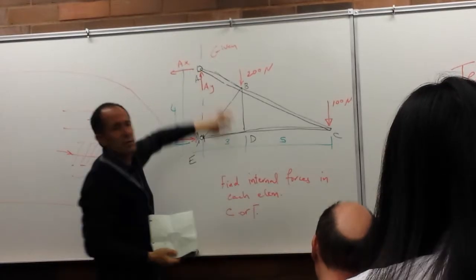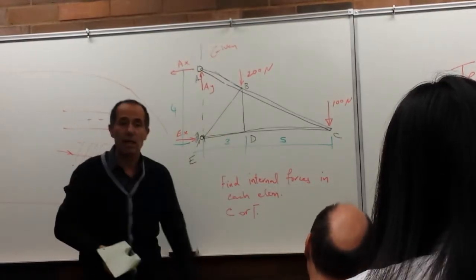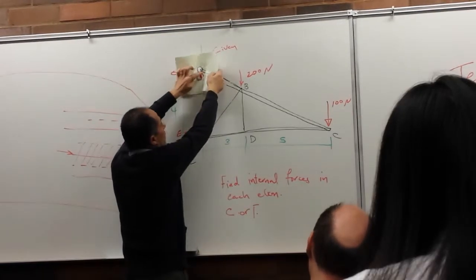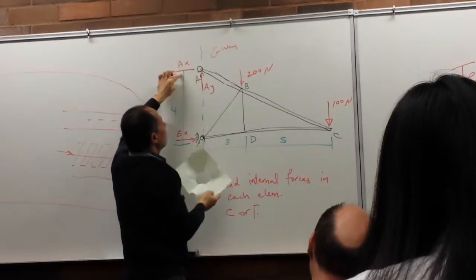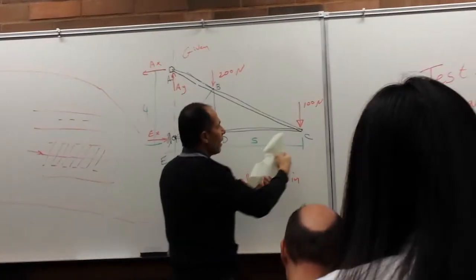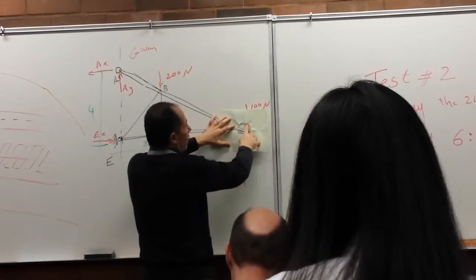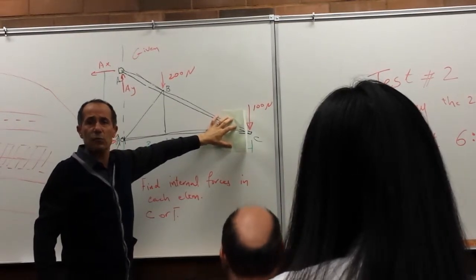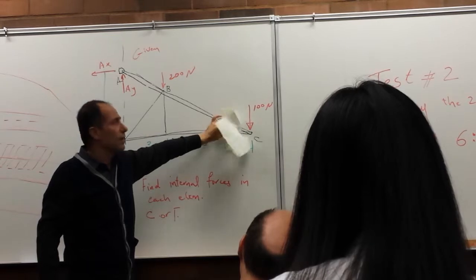Here is one. Only one, three unknowns. So I need to calculate the reactions in order to deal with this one. Because this is one element, this is one, this is one. Three unknowns at this moment. C, it has one force here, it has two elements here. Can I start with C? Yes. Let's start with C.